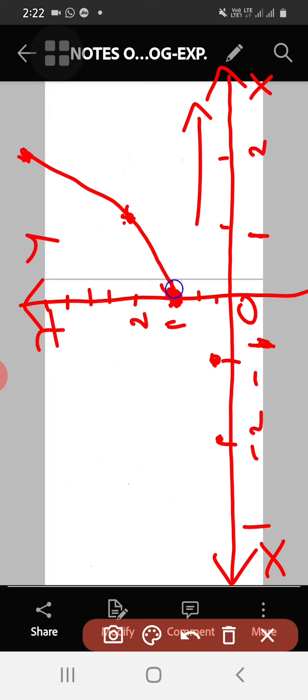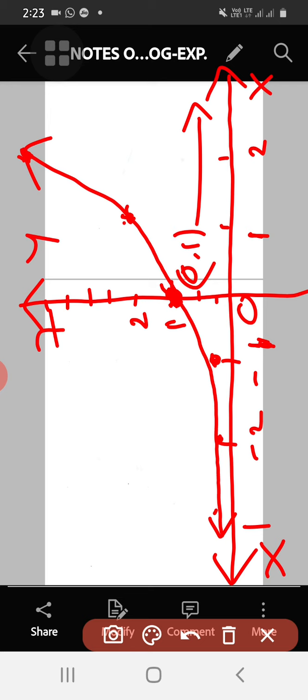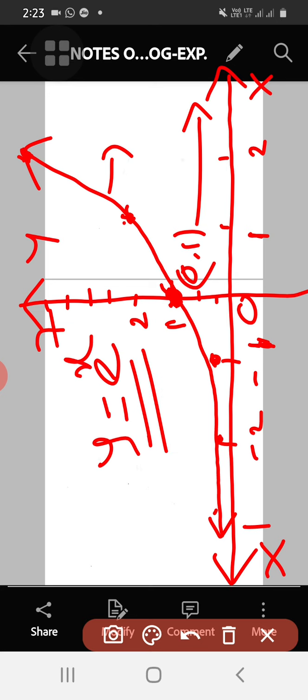If I join this, it passes through 0, 1. So this is the graph of y equal to e to the power of x. It is increasing, and that's why it is called an exponential function. So you draw this graph in your graph sheet.